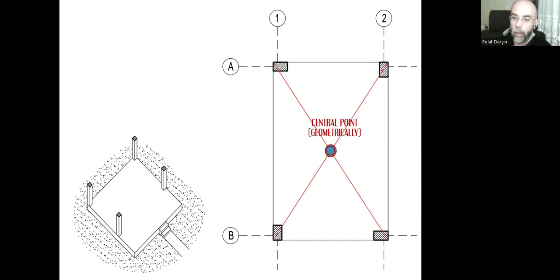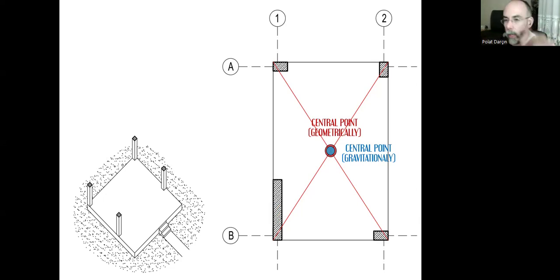Because all the columns are equal and because there is no imbalance with the weight throughout the building, the gravitational central point is at the same point as the geometrical central point. That's what we are looking for. If two central points meet, then during the earthquake, the building will sway normally, and when the earthquake stops, it will stop. No problem, no structural damage.